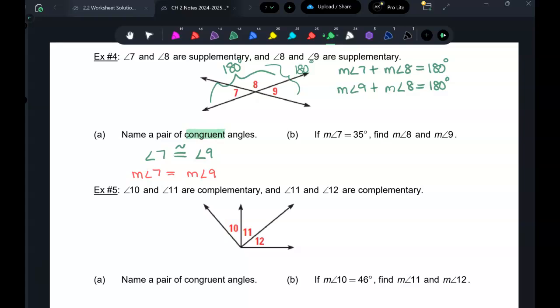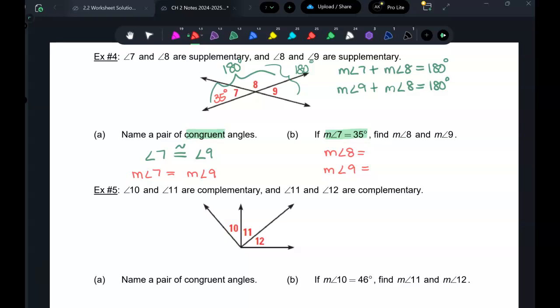Okay, if the measure of angle 7 equals 35, so now let's say this is 35 degrees. What's the measure of angle 8 and the measure of angle 9? Okay, so 7 and 8 are supplementary.